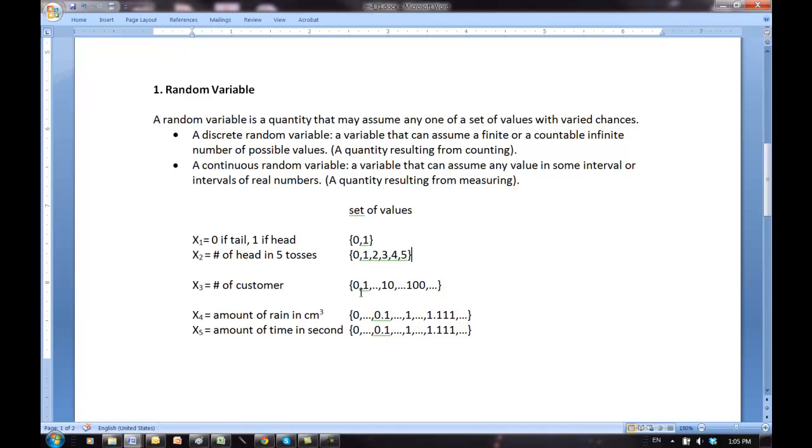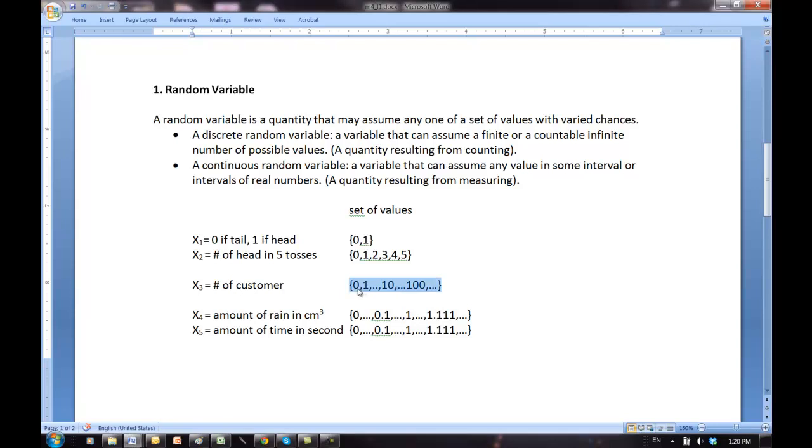Now, the set of values for the number of customers that might show up within 1 hour is actually fairly large.